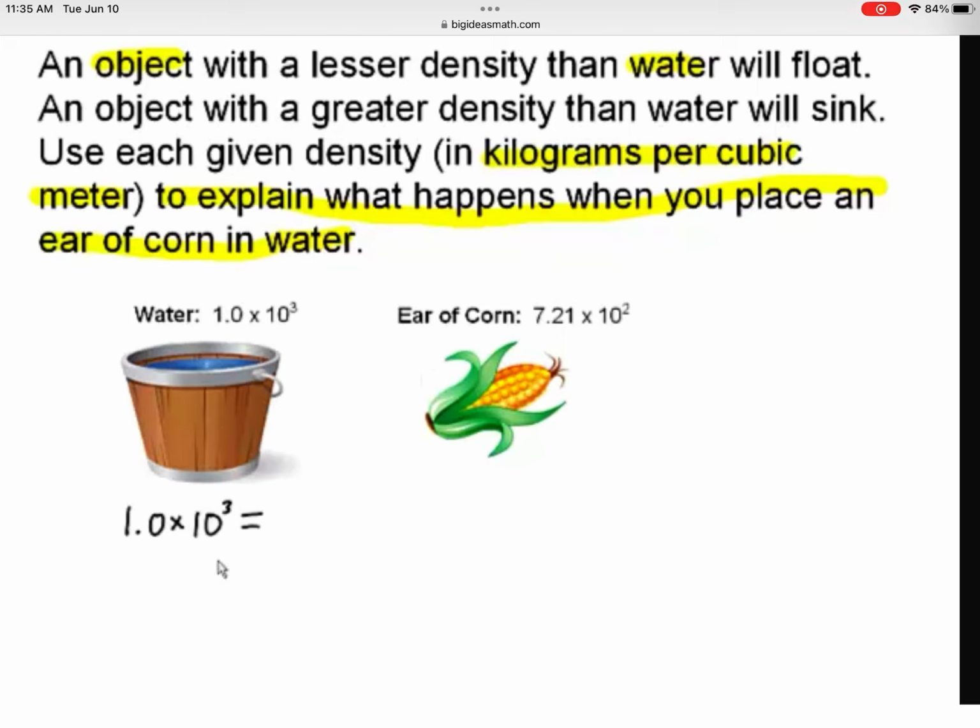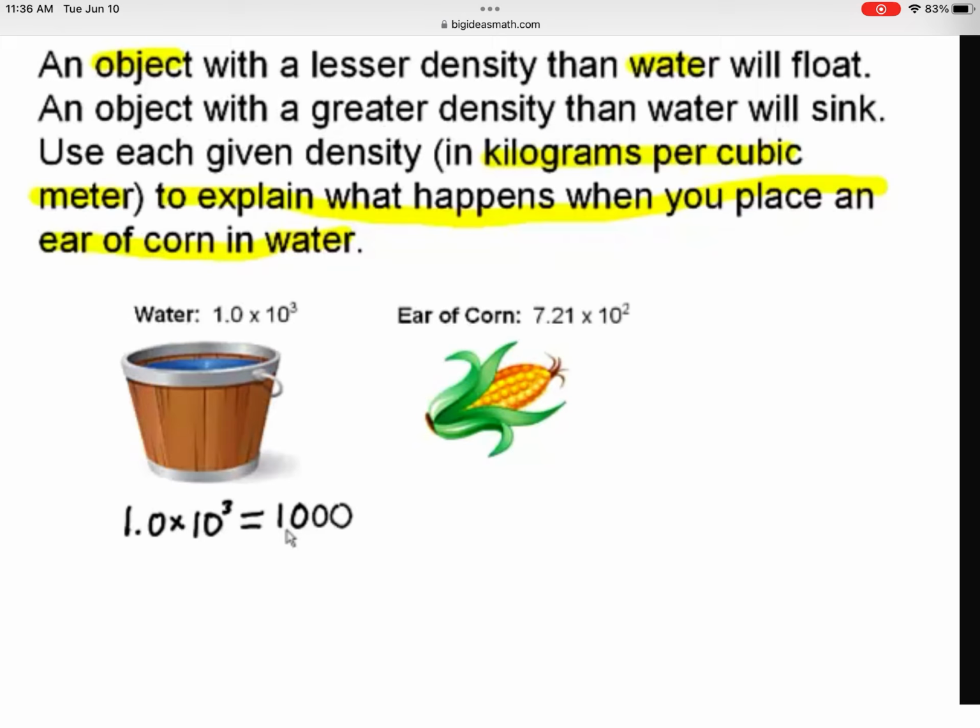For 1.000 times 10 to the third, write the factor 1.000, and I'm not even going to place the decimal point. I'm going to imagine where it is. It should be right there between the 1 and 0. We want to move it 3 places to the right. Well, to do that, we need a few zeros. So write in 2 zeros.